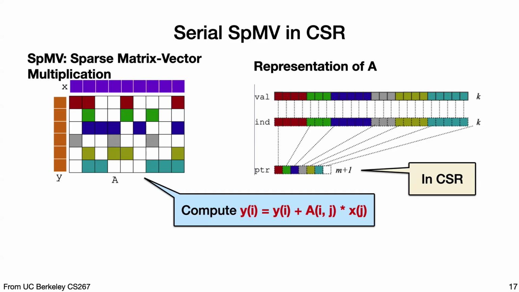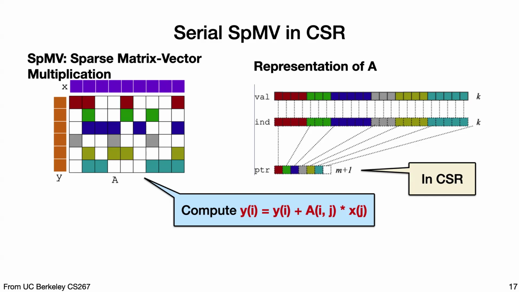And so when we had dense matrices, the dot product was just that you iterate through A and X at the same time. You do the multiplication of each entry, and you sum them up until the end, and then that's your output. But now we can't do that so easily because we have CSR, for example.